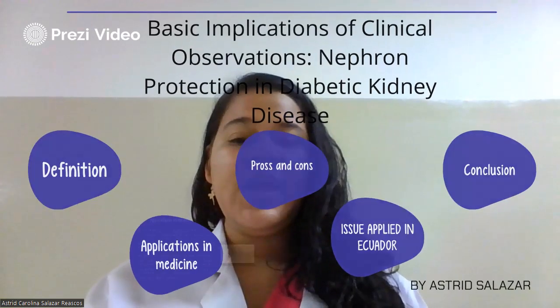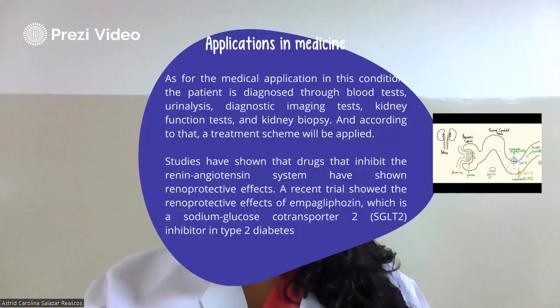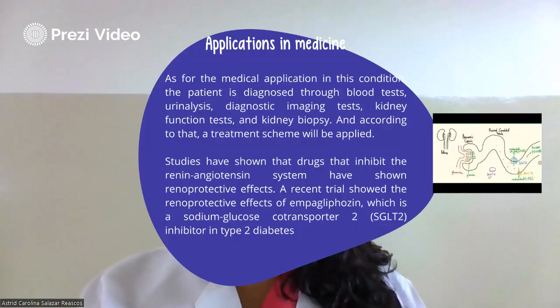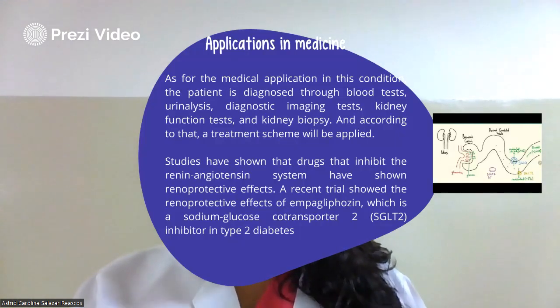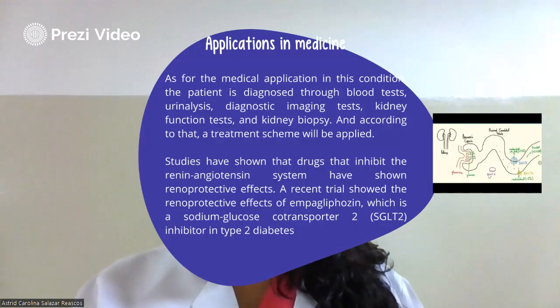Okay, application in medicine. In medical practice, the patient is diagnosed through blood tests, urinalysis, diagnostic imaging tests, kidney function tests, and kidney biopsy, and according to that, the treatment is applied.